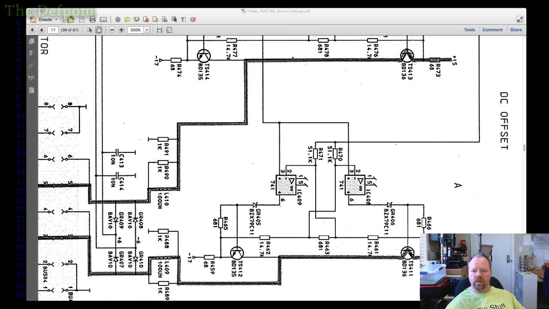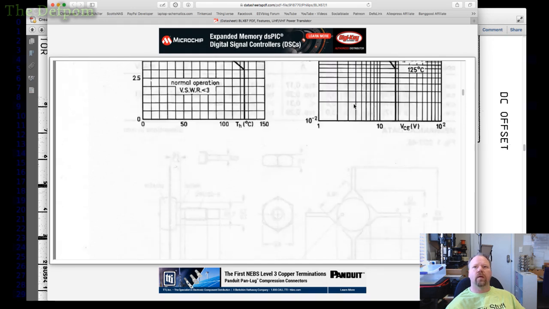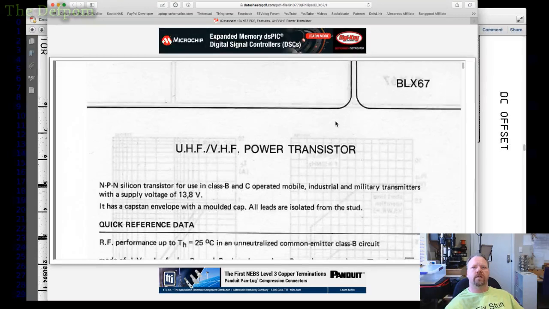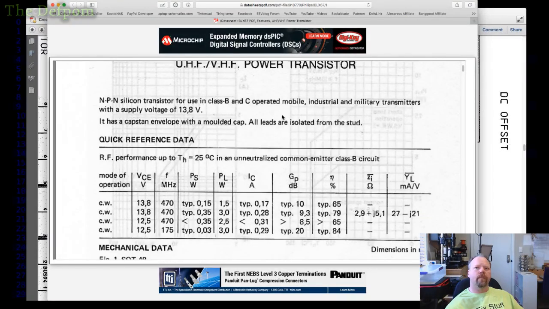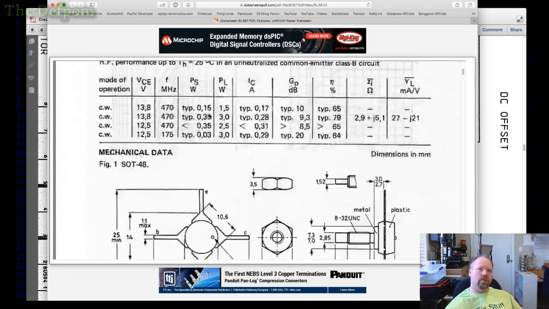I'll show you this. So this is the device here. Industrial and military transmitters. Supply voltage of 30.8 volts. Now we're measuring 13.6 in there, weren't we? Seems coincidental.